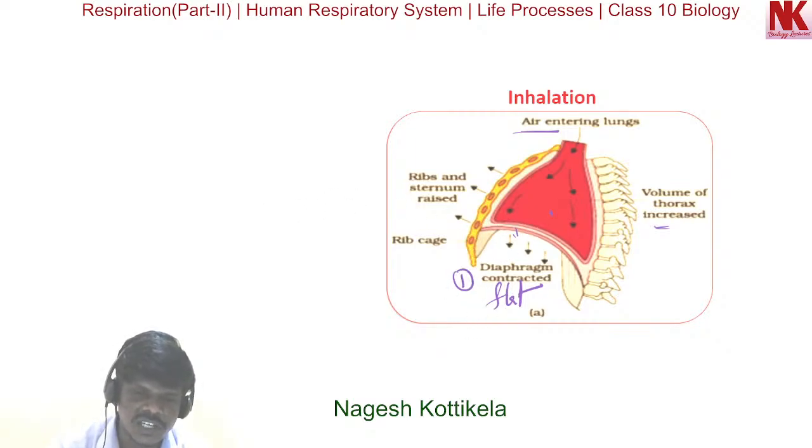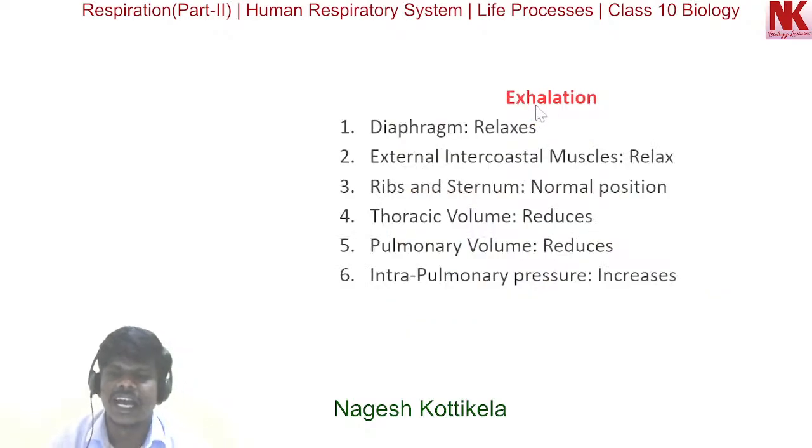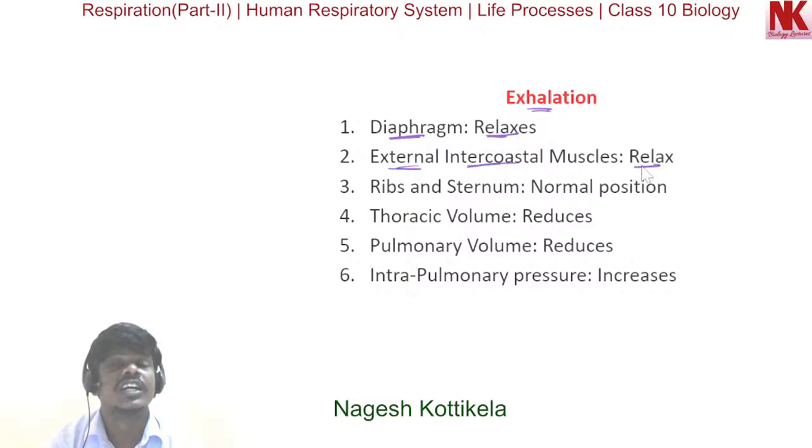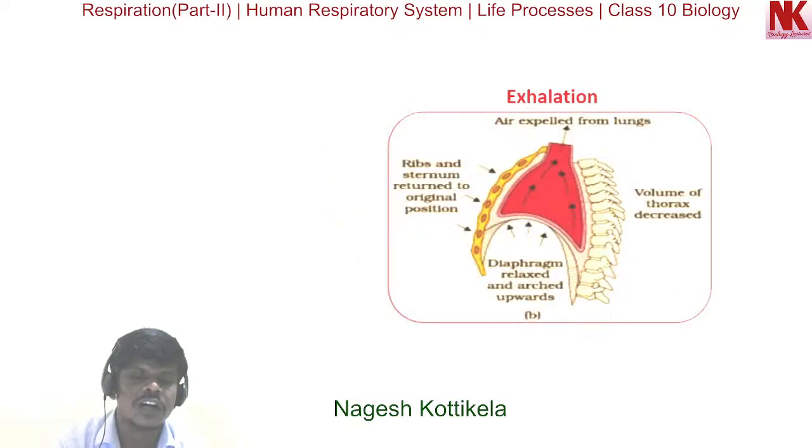Now after this the second stage is exhalation. During this, the diaphragm relaxes, the external intercostal muscles relax, and ribs and sternum come to their normal position. These are the opposite events.